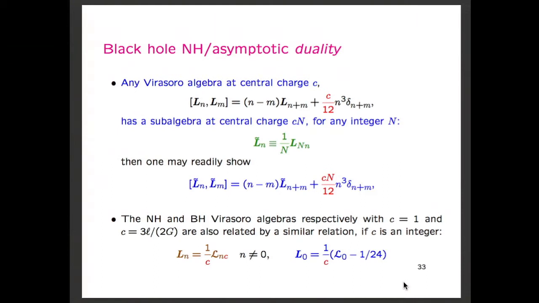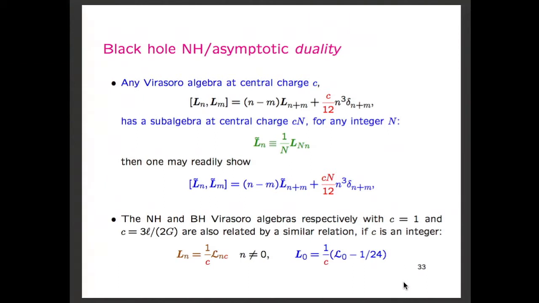Then it's interesting to give you one more piece of information, and this is due to Bañados some years ago, that any Virasoro algebra at a given central charge c has a Virasoro subalgebra at central charge n times c, n being any integer. So the map is very simple. Out of these generators, you take those which are an n multiplet of this Virasoro algebra, and these L tildes form another Virasoro with bigger central charge.